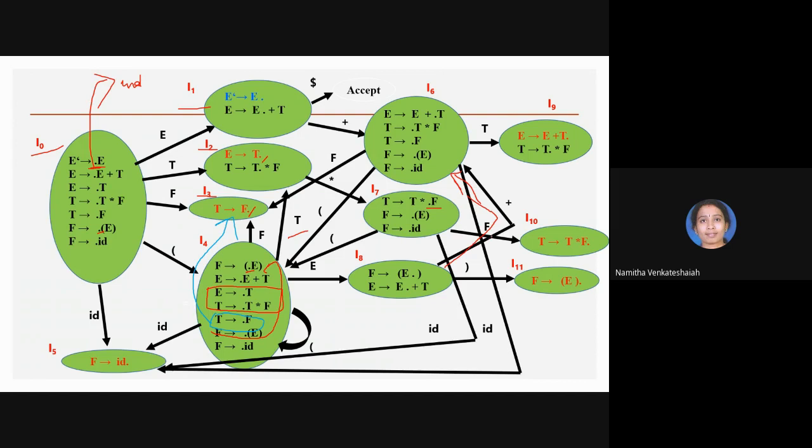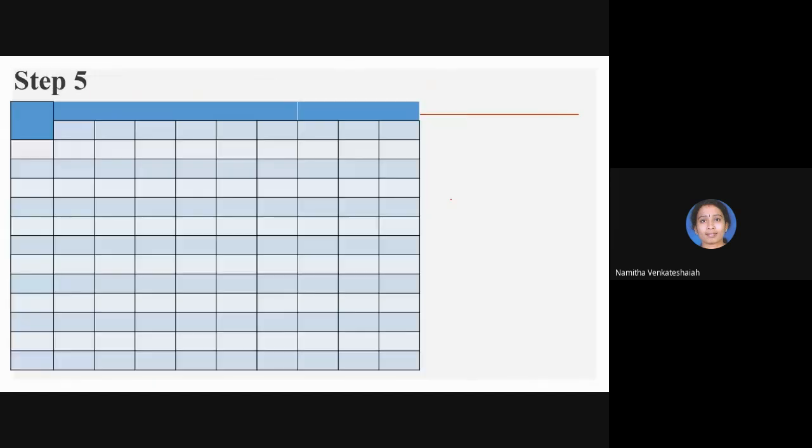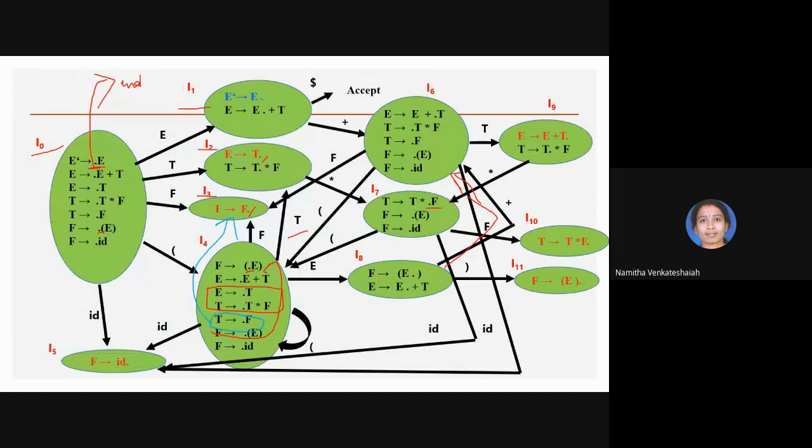Now what happens? It has still not reached the end. When will it reach the end? When the dot is in the rightmost position. So this T dot star F will become T star dot F. It is already here. So I am showing this state on star. So this completes. If you now observe here, we have all the colored items.